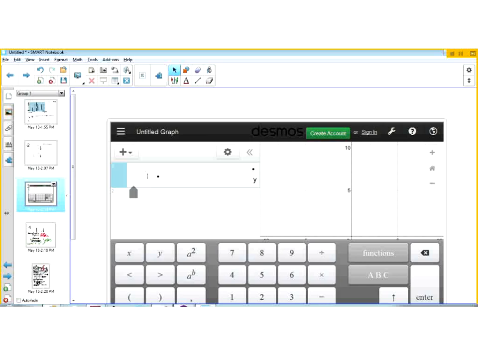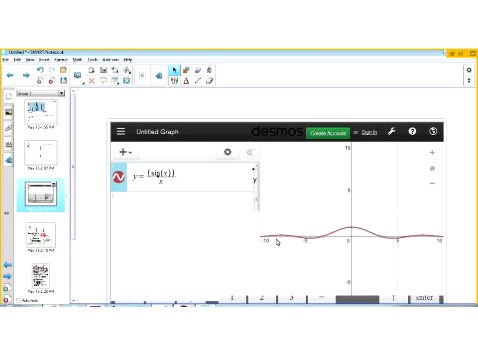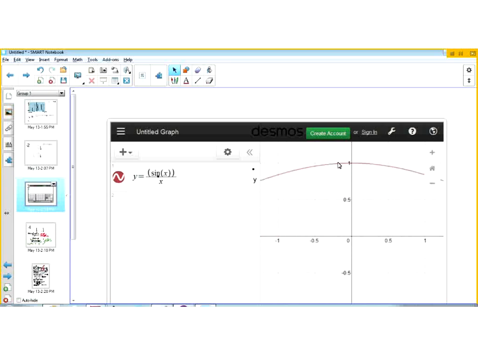Okay, so we have y is equal to sine x divided by x. And we'll zoom in. So here's sine x over x, and we're interested in what happens as we get towards 0 from either side.